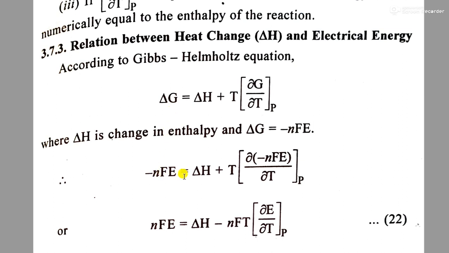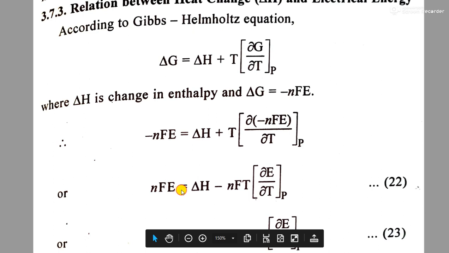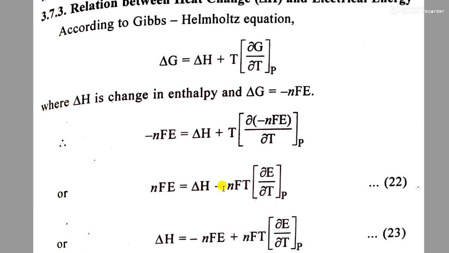Minus NF E is equal to delta H plus T into dou by dou T of minus NF E at constant pressure. Okay, here this G is also substituted with minus NF E. So since minus NF is a constant, we are taking this outside. So the equation now becomes NF E is equal to delta H minus NF T dou by dou T of E at constant pressure.